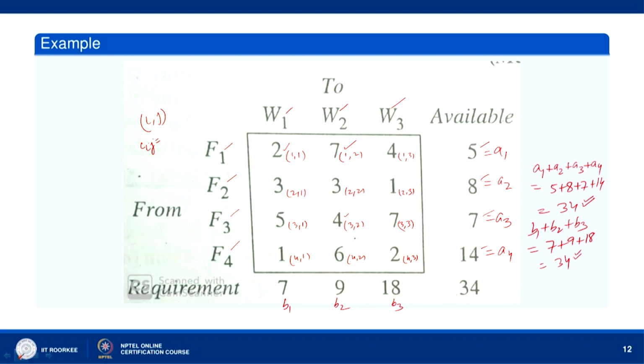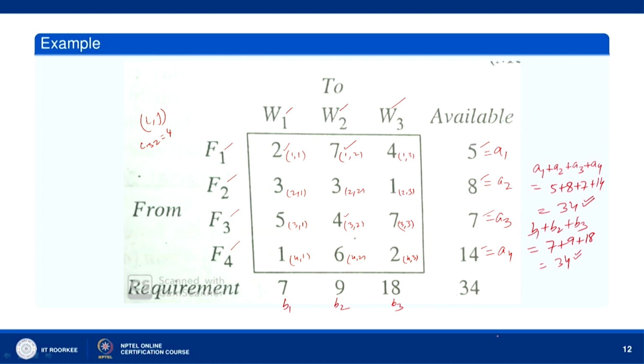So, for particular values of i and j, I could say that C32 is equal to 4. The transportation cost from the source F3 to the location W2 per unit is 4.